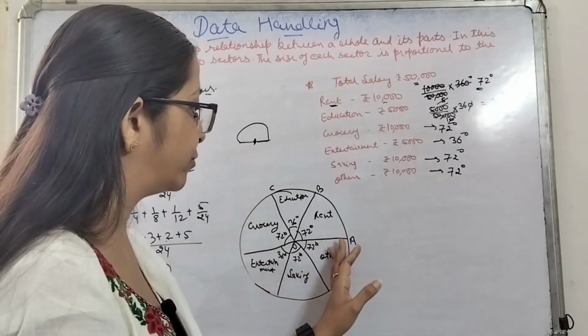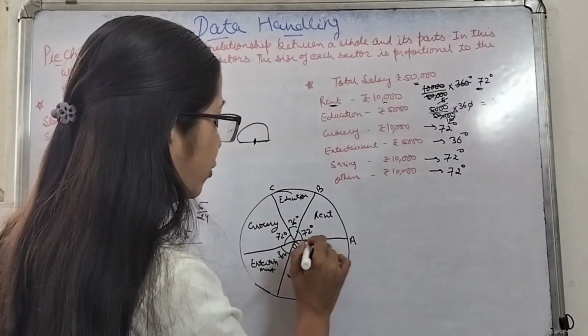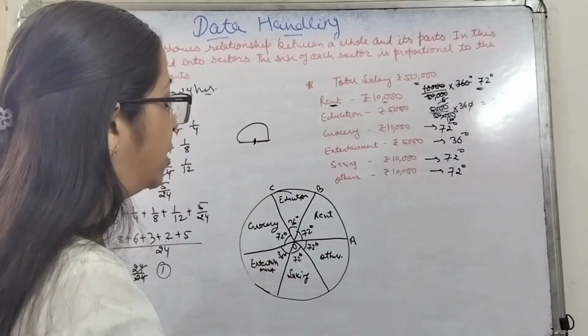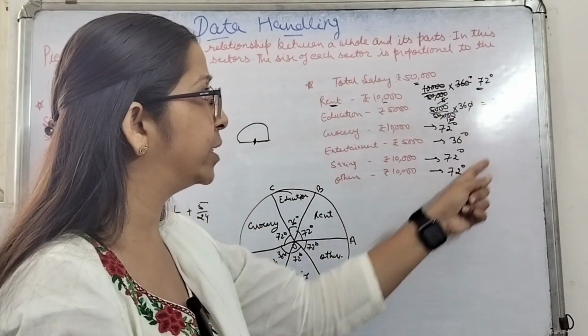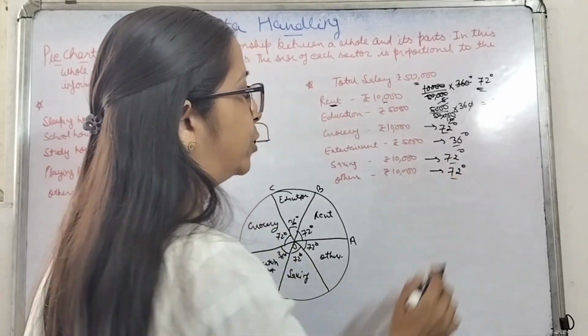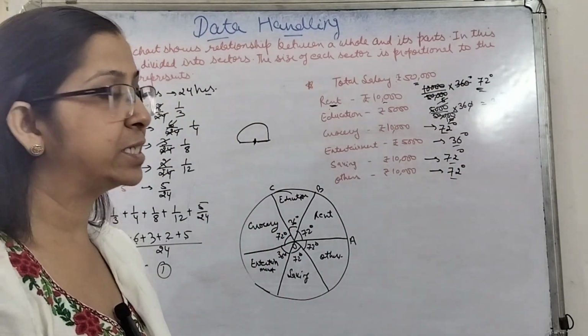So we'll be taking any radius, and then with this as the center and this as your radius, we will be making these angles using the protractor. Automatically the whole sum of all these angles will be 360 degrees only, because 72, 36, 72, 36, 72, 72, if we add all these angles, the sum will be your 360 degrees.